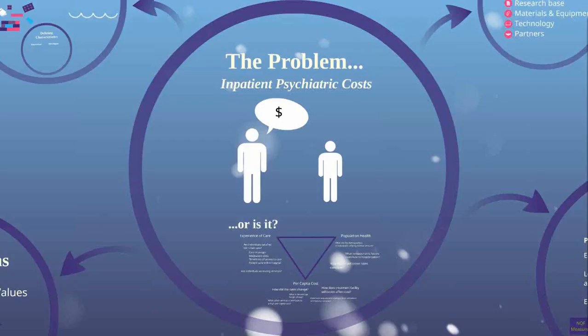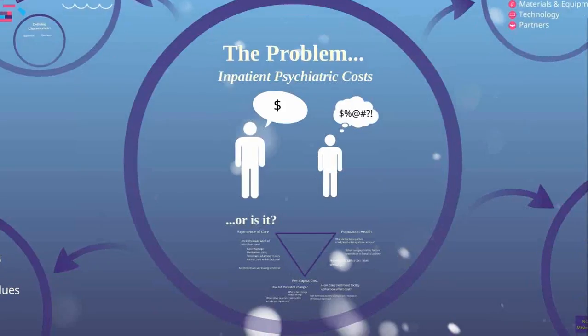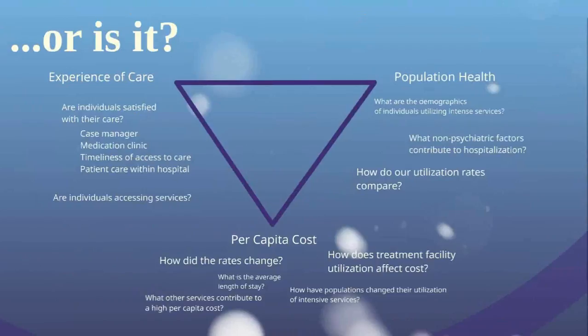And so from there, you might say, oh my goodness, I've never been tasked with this type of issue before, and so you're left to make some decisions on what to do. So the first step is in analyzing whether this truly is a problem. So when you think about the psychiatric costs and how they're affecting your organization's budget, it's good to go into depth and ask some questions.